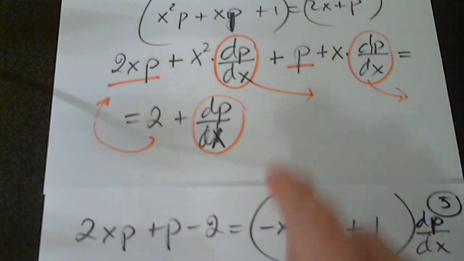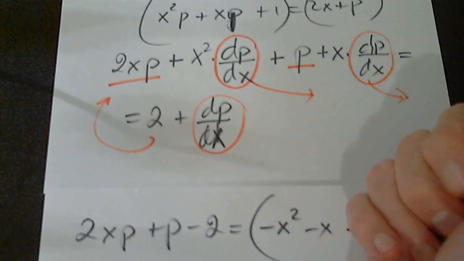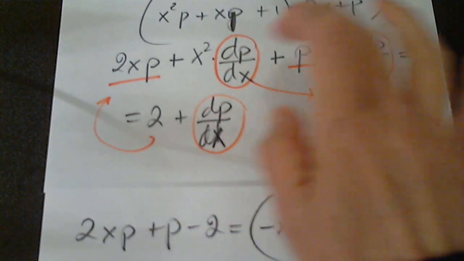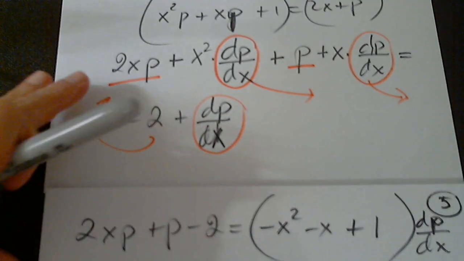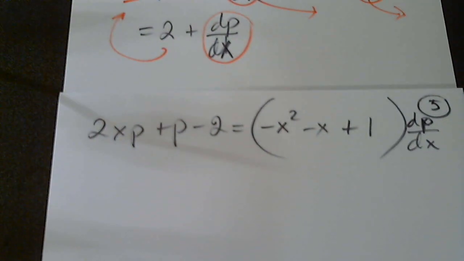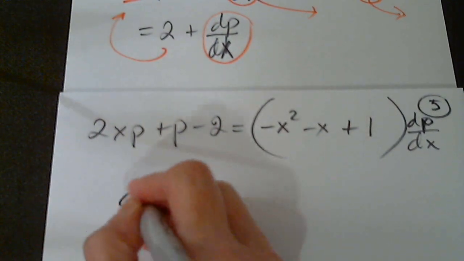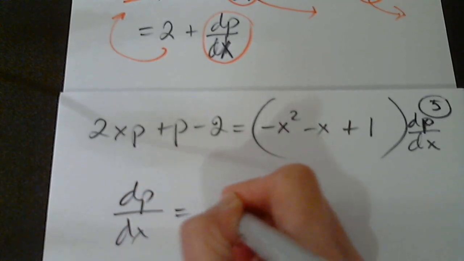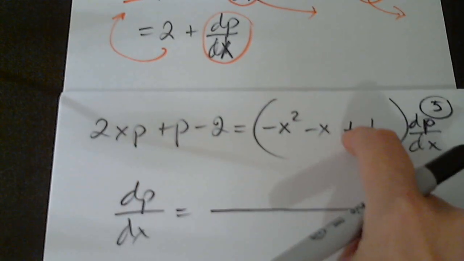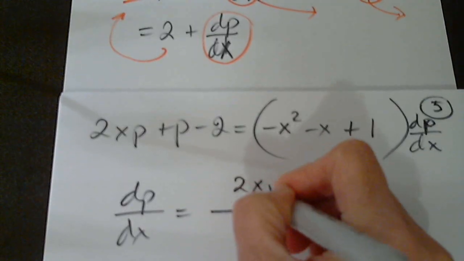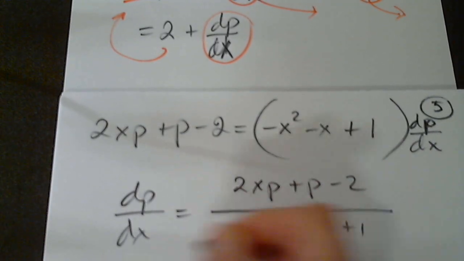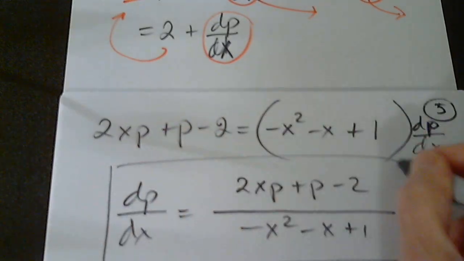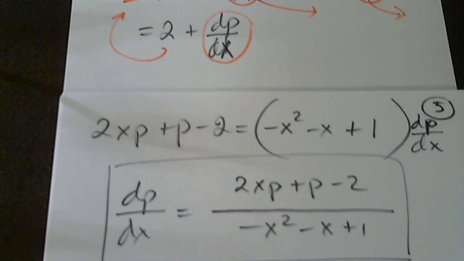This moves to the other side with a negative sign. This moves to the other side with a negative sign. These 3 terms have a common factor. Now I'm solving for dp over dx, because that's the only variable here. This over this. And that is final.